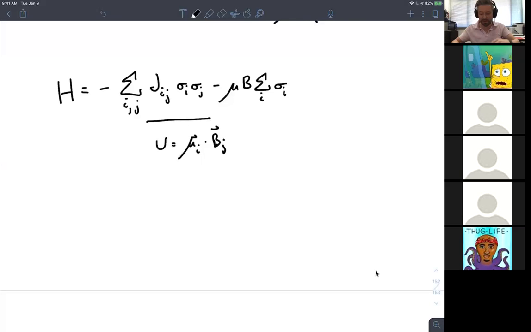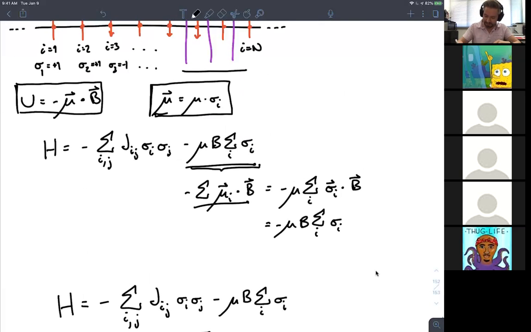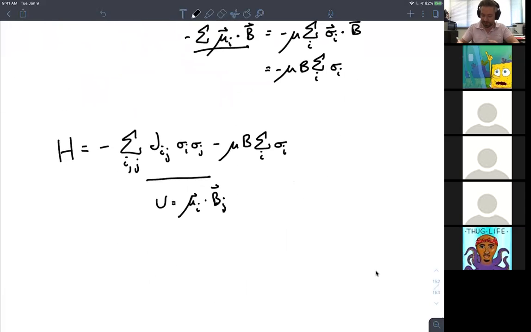And then mu, again, is dependent upon what sigma is. So in other words, what I'm doing to go from here to here is I'm just pulling out these mu's and B's and writing it in terms of the sigma_i's and sigma_j's. And all those constants and units and so forth get absorbed into this coefficient, J_ij.